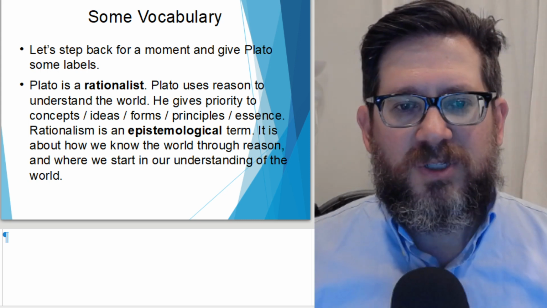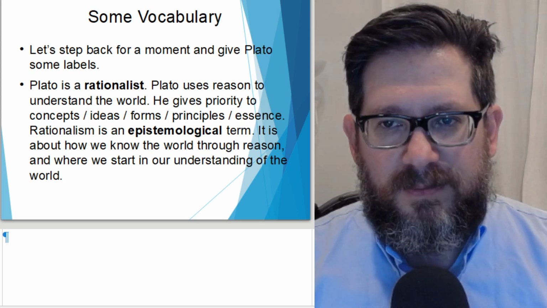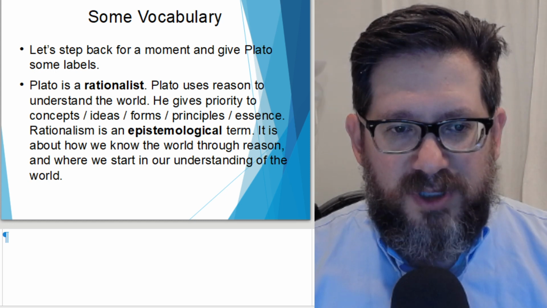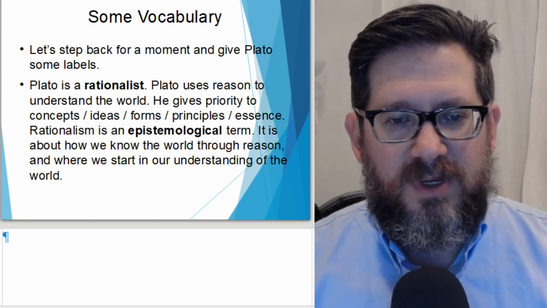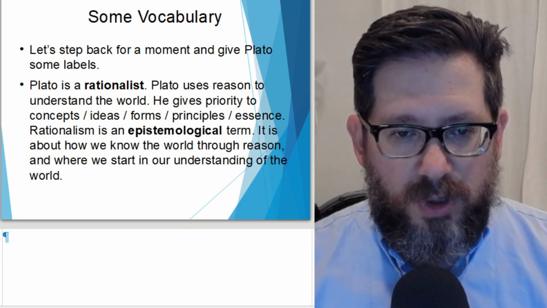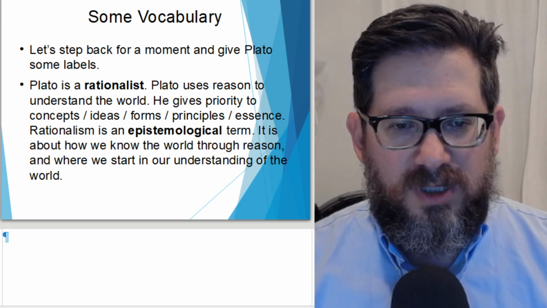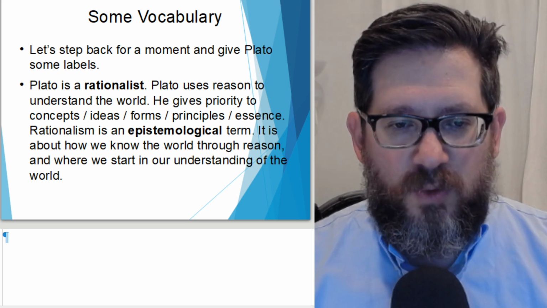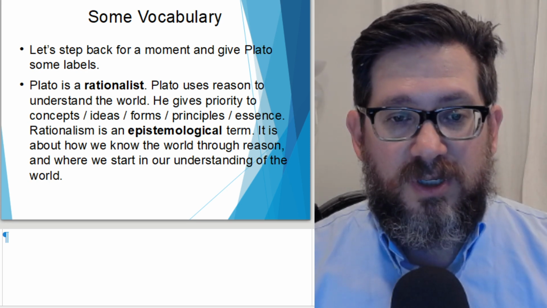Okay, so now we're going to look at some vocabulary. The first thing I want to say is that Plato is a rationalist. And this is an epistemological term. It's about how we know the world. So Plato uses reason to understand the world. He gives priority to concepts, ideas, forms, principles, essence. Those come first.